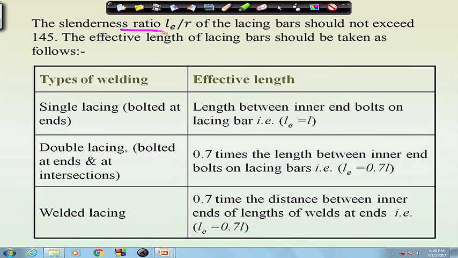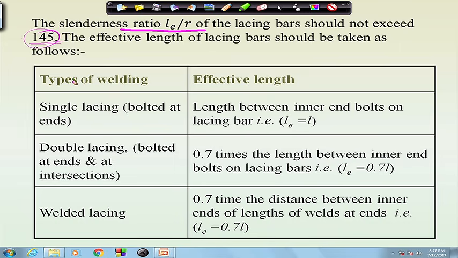It says that the L by R of the lacing bar should not exceed 145. That means, as per the codal provision, we have to make the dimensions of the lacing system in such a way that L by R does not become more than 145.